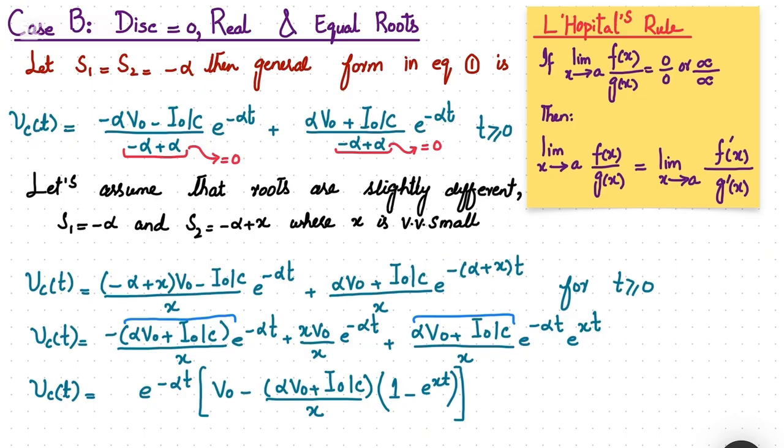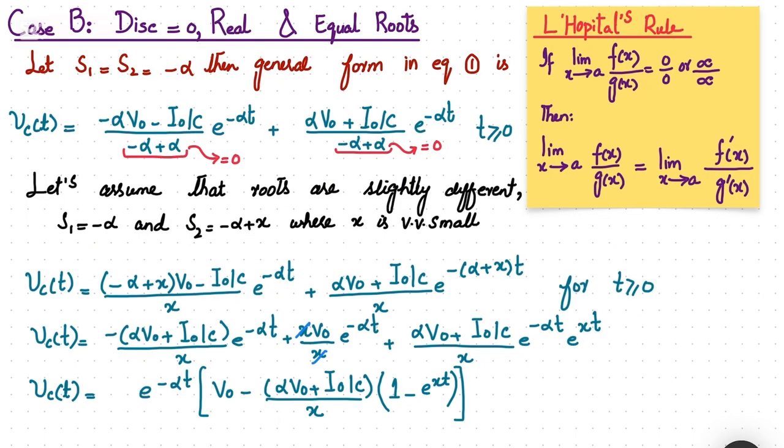Therefore, with e raised to power minus alpha t taken common, the x in the numerator and denominator will cancel out. Here we will get v naught only. So v naught over here, and the rest of the term would be minus alpha v naught plus I naught over c over x. It can be taken common from this term and this term. So our resultant equation would be this one.